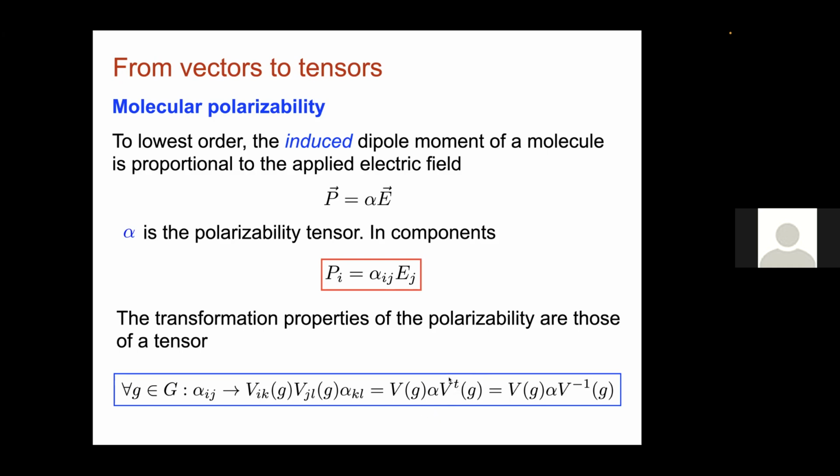And you know that for an orthogonal matrix, the transpose is equal to the inverse. For a unitary matrix, the Hermitian conjugate is equal to the inverse. So I can write it like this. And you see that this is nothing but a similarity transformation. Okay, that you know since you were in kindergarten. Okay, so it's relatively easy to go from vectors to tensors. I just have to use the vector representation, but twice, in front and after.